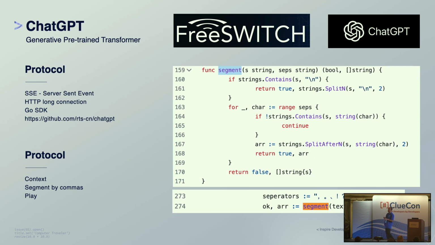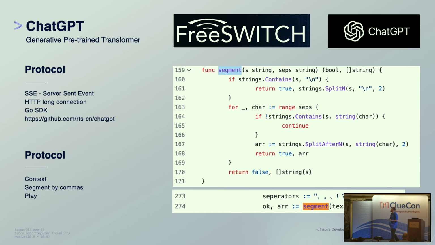ChatGPT's protocol is mainly HTTP, but it's a long connection, and they use SSE, server sent events, to send the generated words one by one, right? So you have to handle a long connection, and because the generation is very slow, you cannot wait for ChatGPT to give you the whole sentence and then do TTS playback.